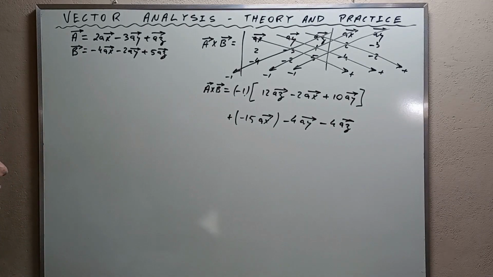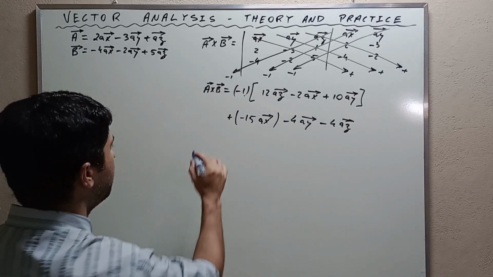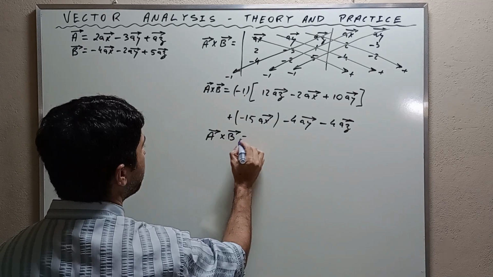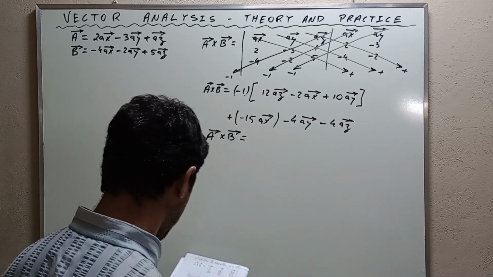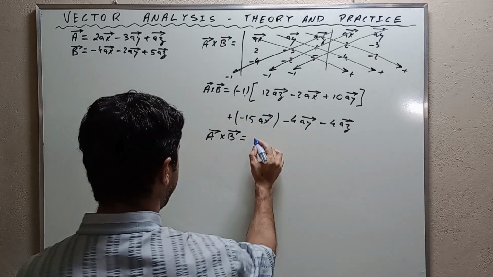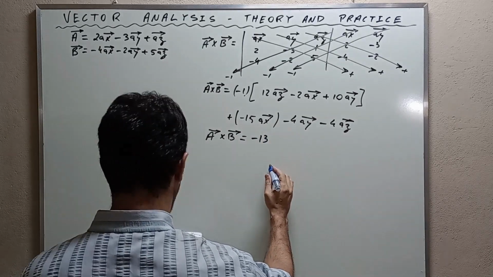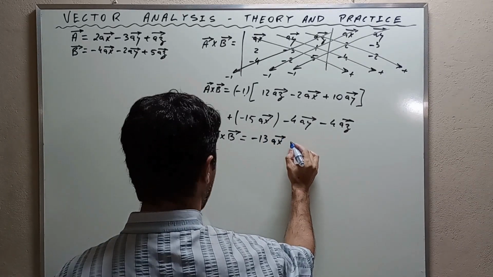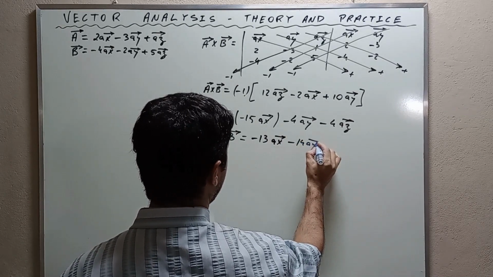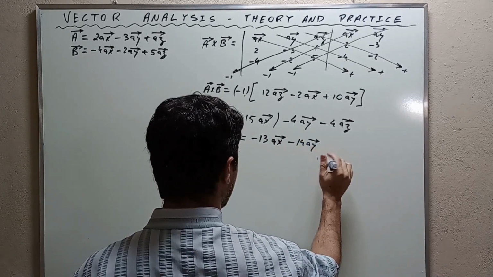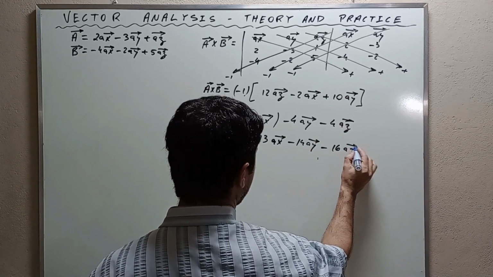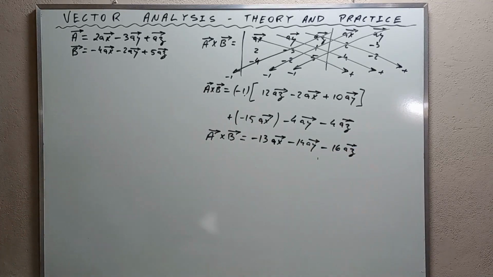And thus the cross product between vectors a and b is -13 ax, -14 ay, minus 16 in the z direction.